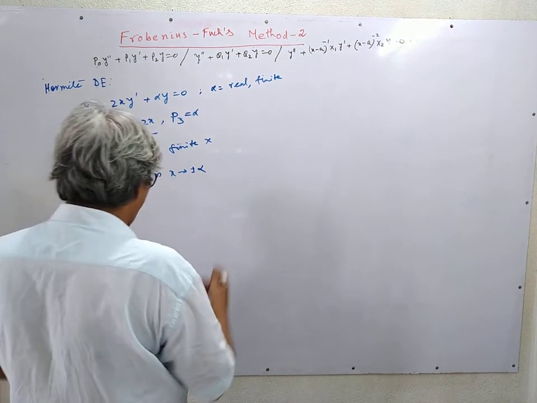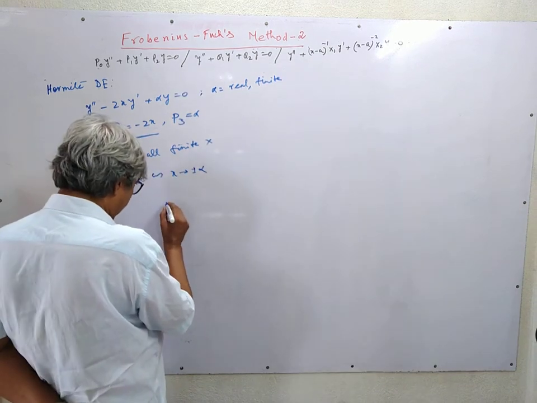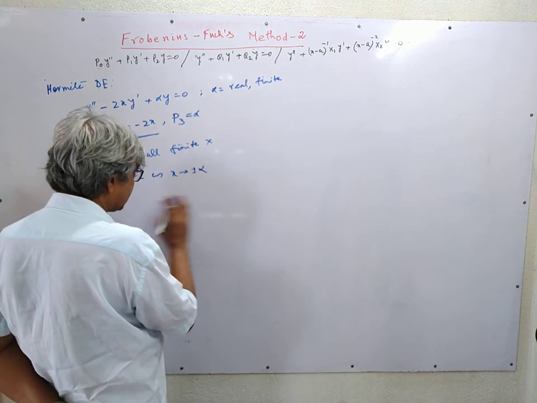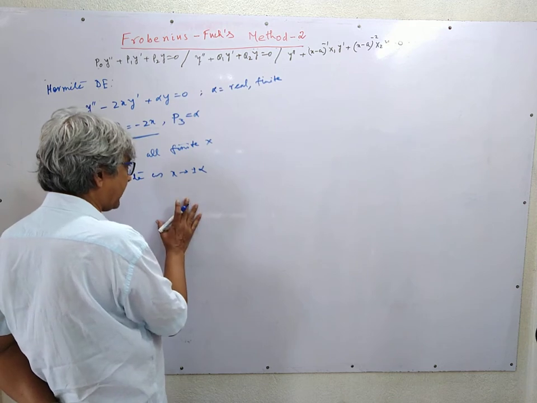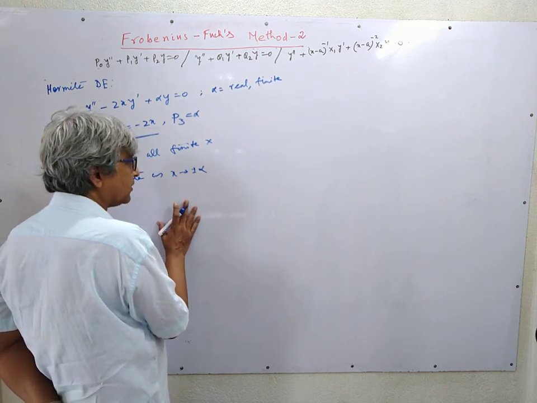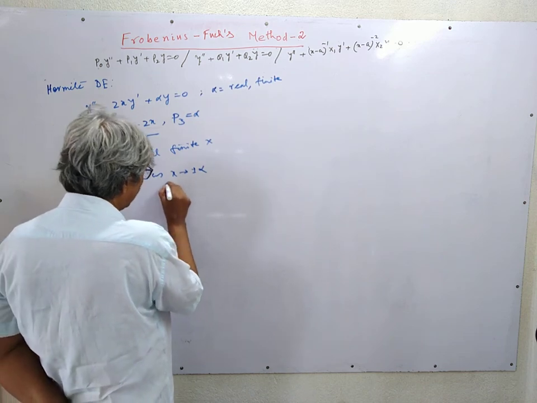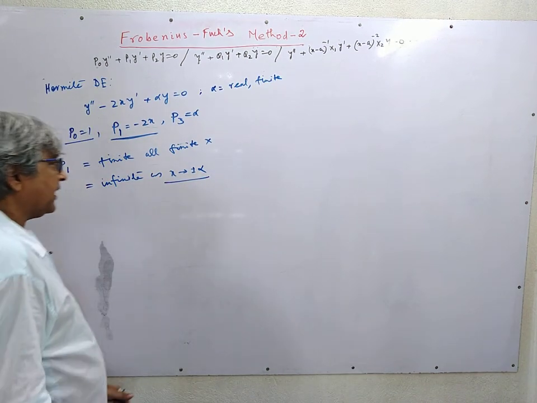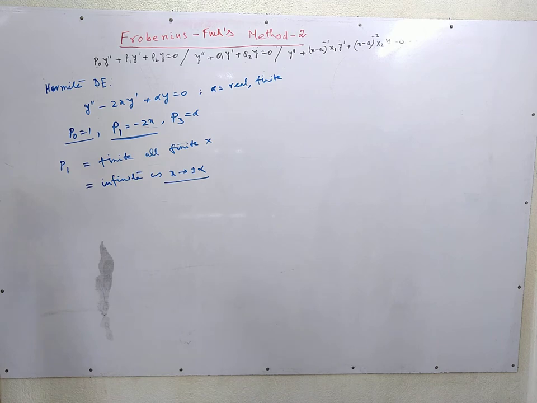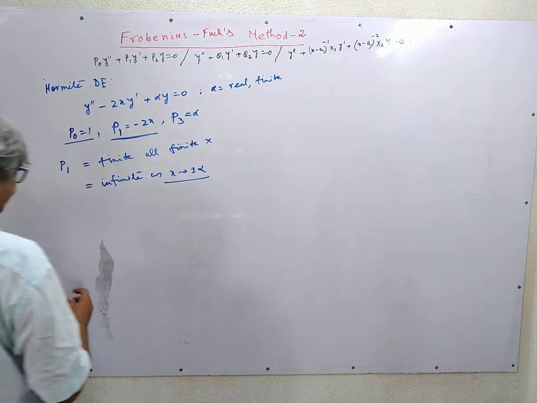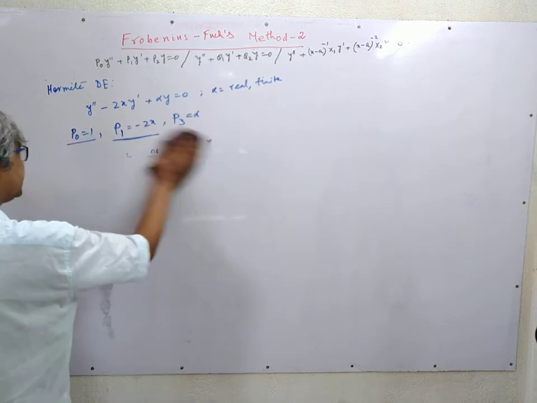And as we are saying, as the energy increases, the oscillator oscillates with higher and higher amplitudes, and for very high energy it oscillates between plus minus infinity, which are the singular points of the Harmonic differential equation. Now we go to Legendre differential equation.